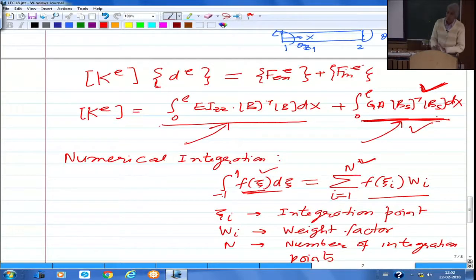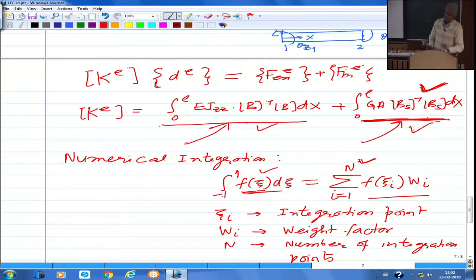You would still go by whatever order of integration is needed, but for the evaluation of this you would be doing the reduced integration, one order less than what is needed. You actually need 2 integration points, but rather than using 2 you use 1, and if you do this, then your element also behaves well for thin problems.